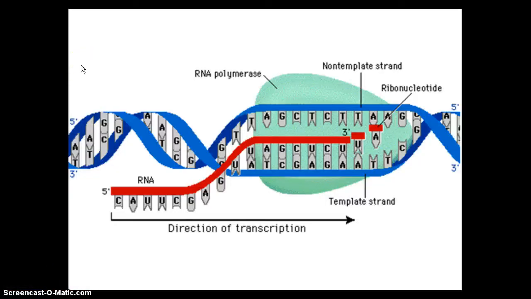And that's transcription. DNA is the template, the pattern, the guide for making mRNA, messenger RNA. And the messenger RNA goes into the cytoplasm, where it then meets up with the ribosome, and then the next step of protein synthesis takes place, which is translation.